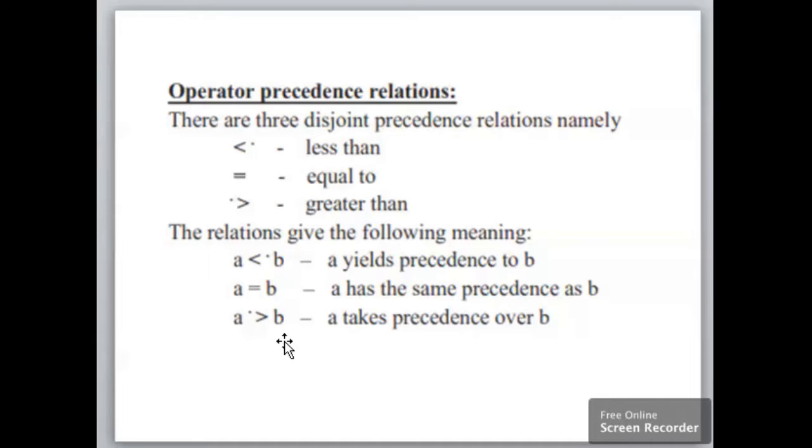Now, to perform operator precedence parsing, we need to have some relations. In layman's language, we represent them as less than, equal to, and greater than.